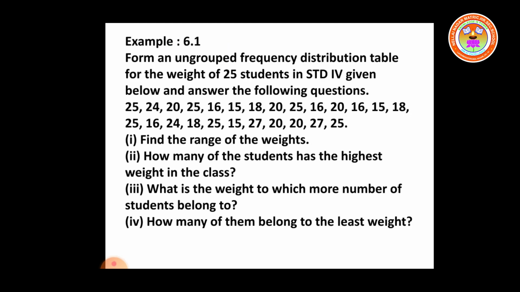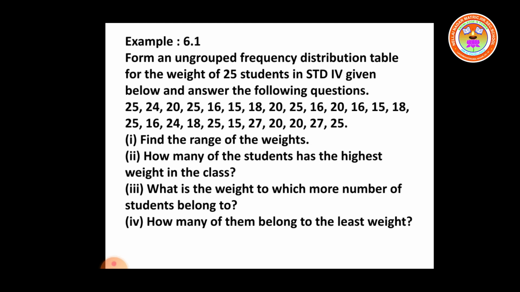Next one. One example we will see: form an ungrouped frequency distribution table for the weight of 25 students in standard 4 given below and answer the following questions. What are the given weights? 25, 24, 20, 25, 16, 15, 18, 20, 25, 16, 20, 16, 15, 18, 25, 16, 24, 18, 25, 15, 27, 20, 20, 27, 25.